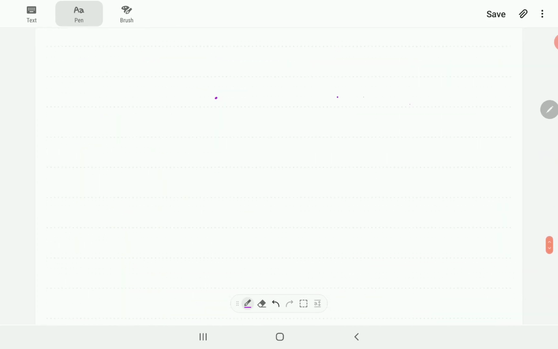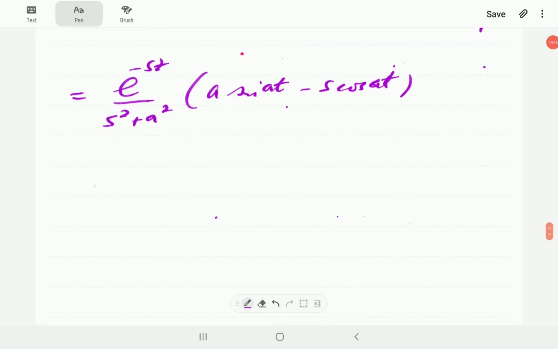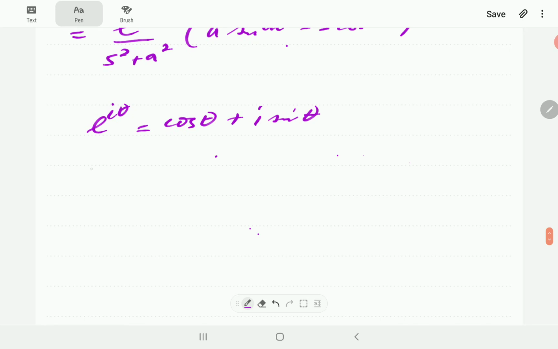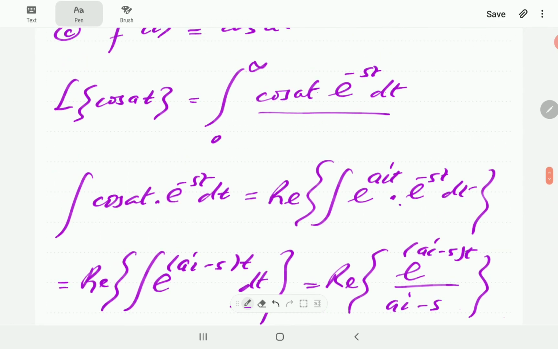Okay, so here, of course, we have used Euler's formula, e to the i theta is cosine theta plus i sine theta. So the real part of this is just cosine theta. So that's what we've done from here to there. This term is real, of course, so the real part of it just remains the same. But the real part of this is just cosine.